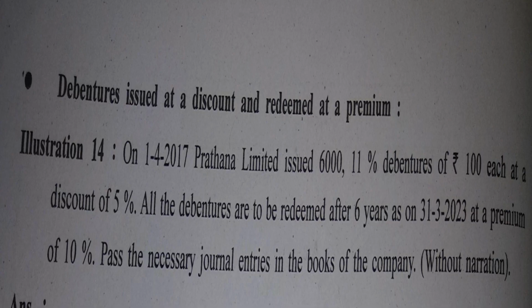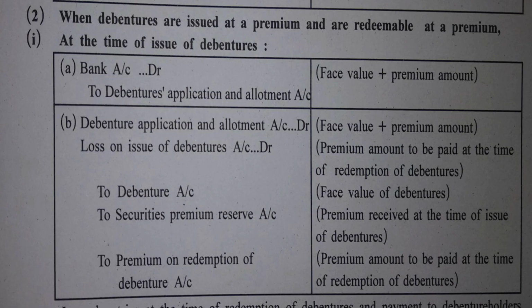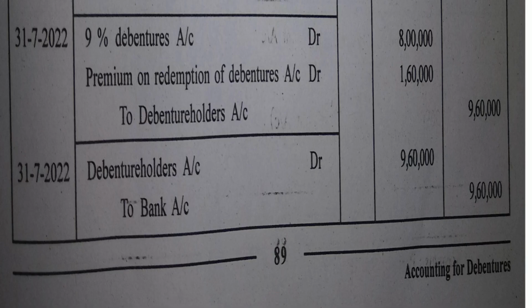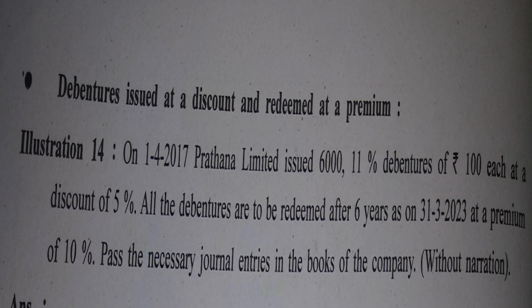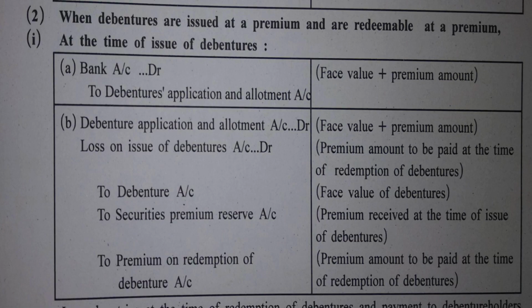The next illustration is illustration 14, but for that we need to understand the different situations of journal entries, and only then can we solve illustration 14. Illustration 14 is that the debentures are issued at, just give me a minute, yes, debentures are issued at premium and are redeemable at premium.